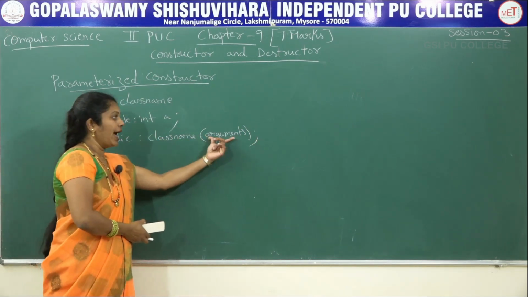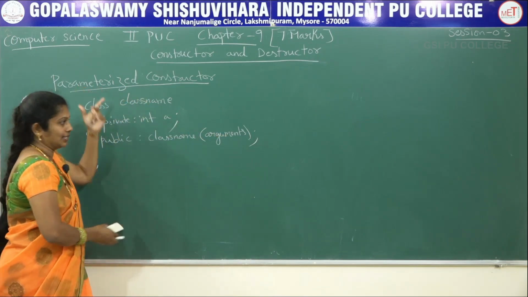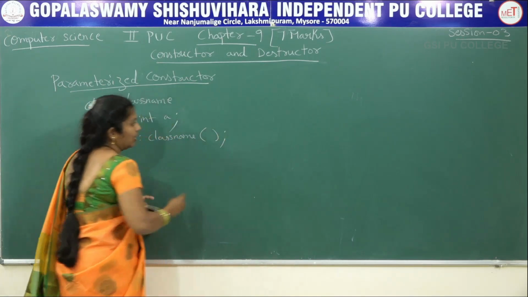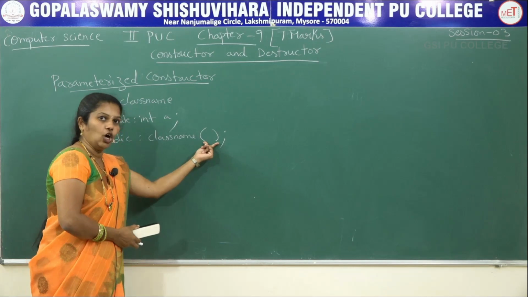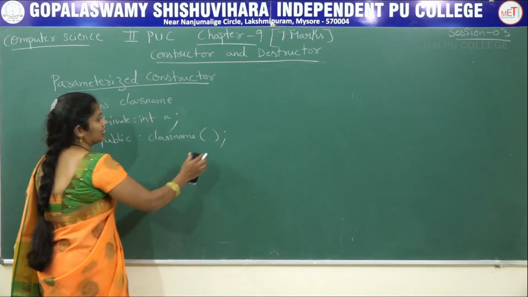If we have arguments then it can be called a parameterized constructor. If a constructor does not have any arguments, then it can be called a default constructor. But now we are explaining parameterized constructor.